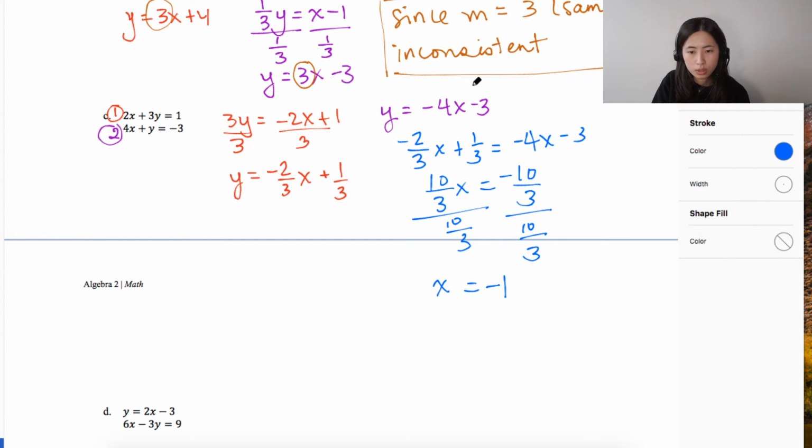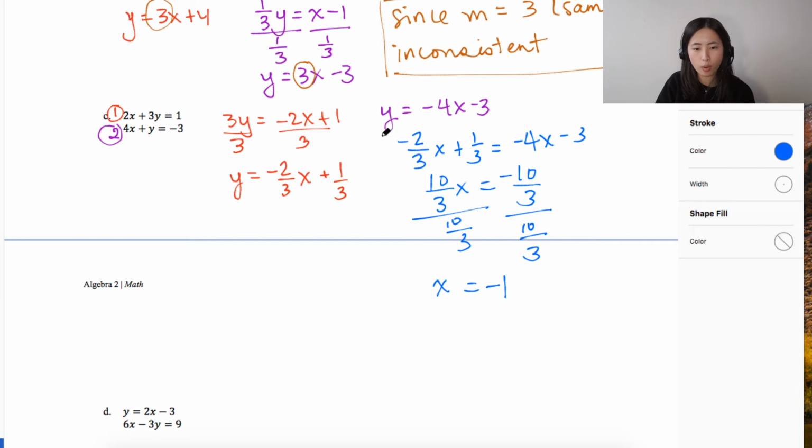Okay, great. I just want to make sure that we have that. So negative 2 over 3, this is 10 over 3, then you have negative 3 minus 1 over 3. Okay. So x is equal to negative 1, right?